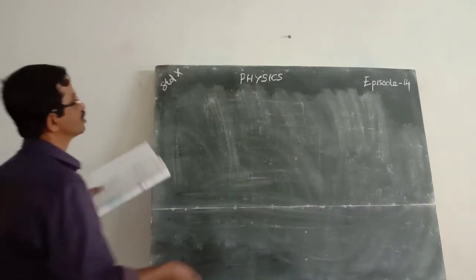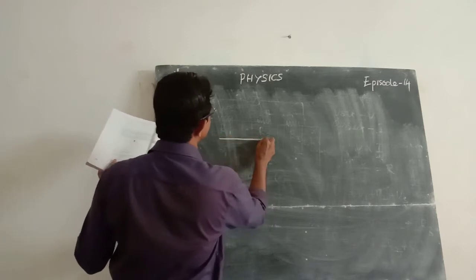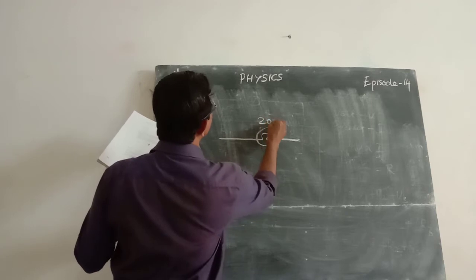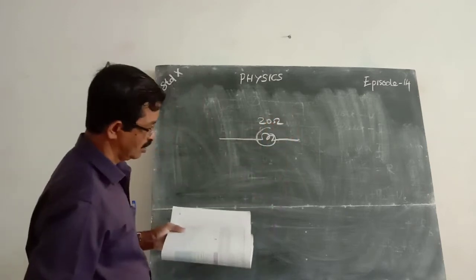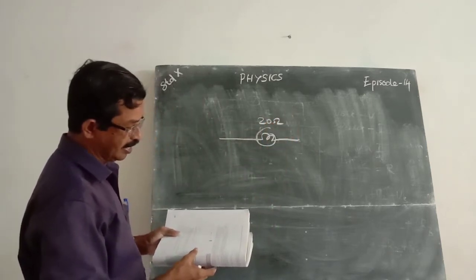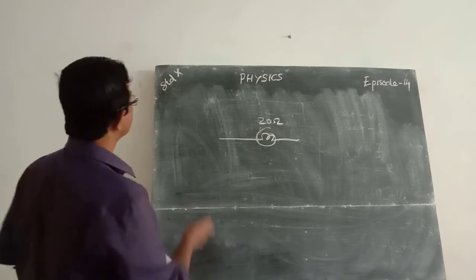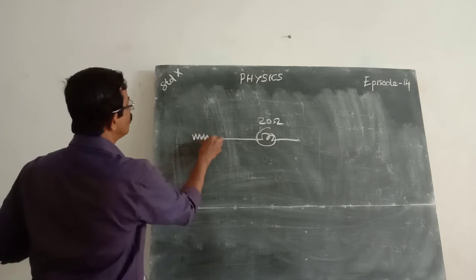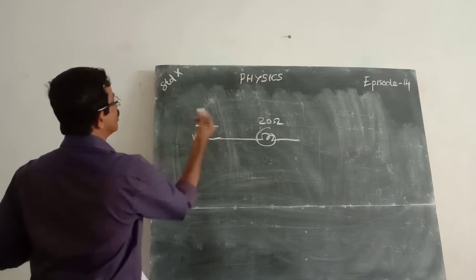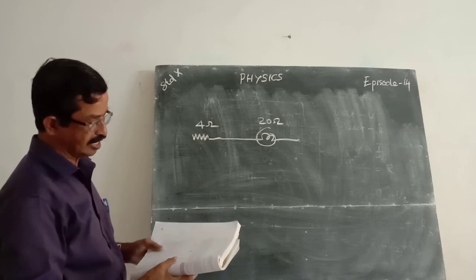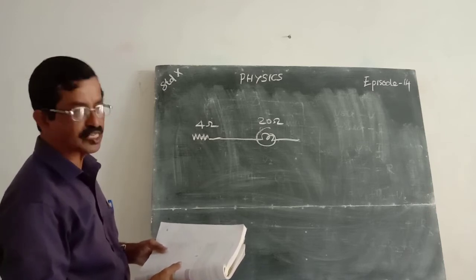Here it is given, this resistance is 20 ohm. And a conductor of 4 ohm resistance are connected. Here a conductor of 4 ohm resistance are connected. Calculate total resistance in the circuit.